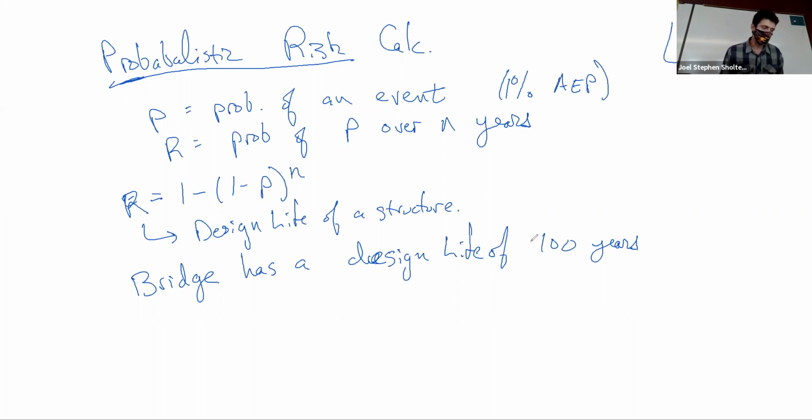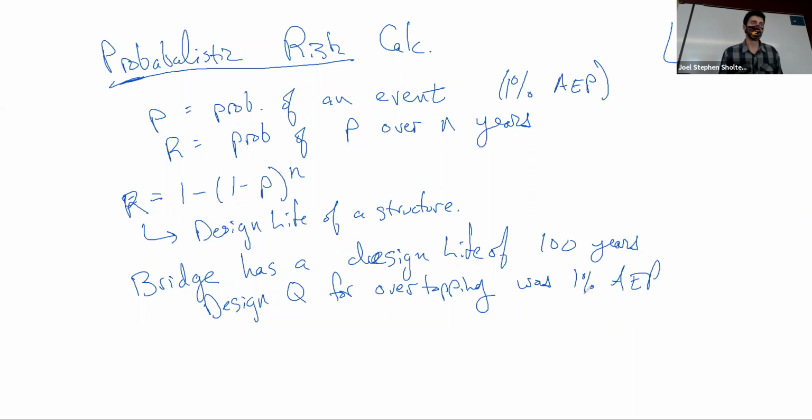So say we got a bridge with a design life of 100 years, and the design discharge for overtopping was the 1% AEP.